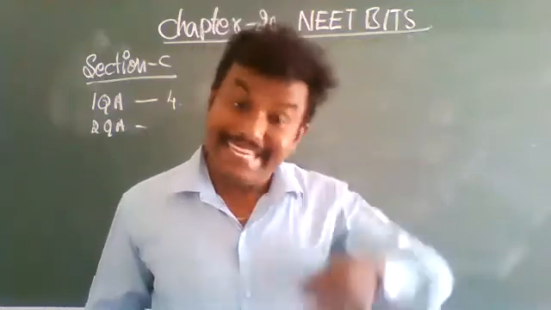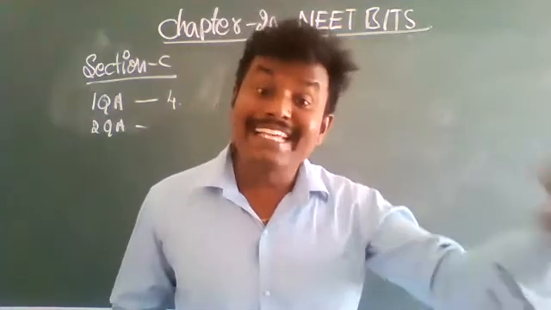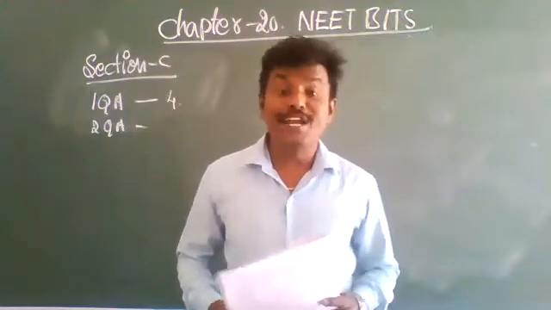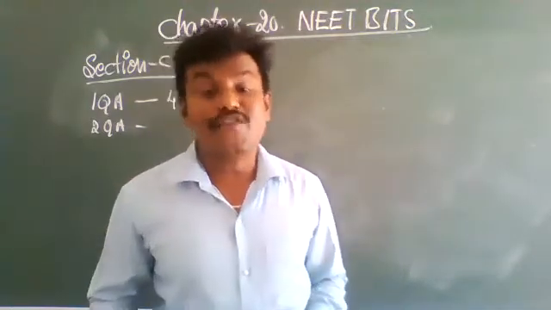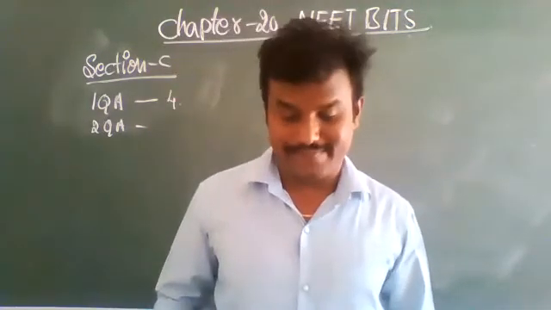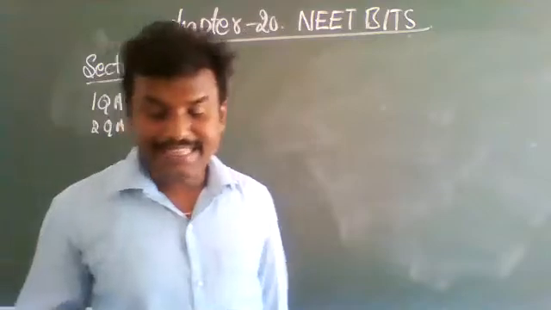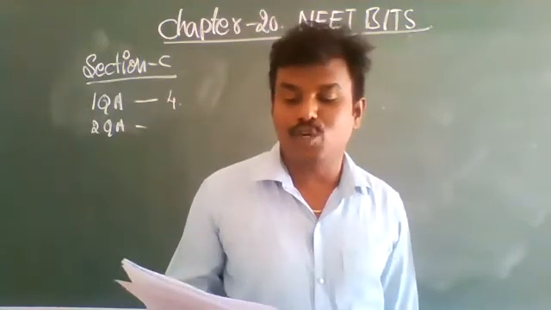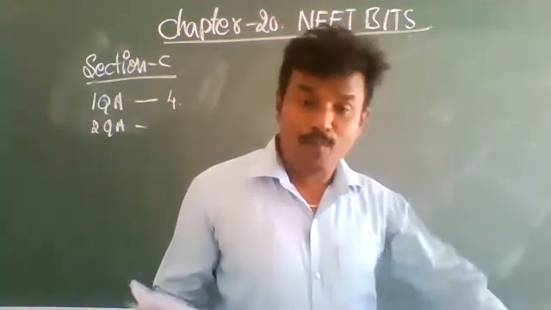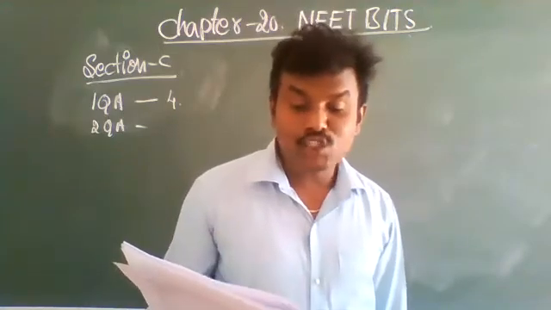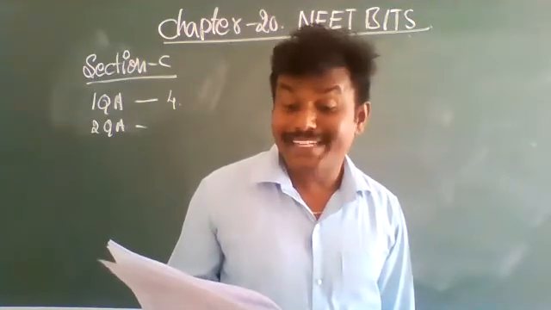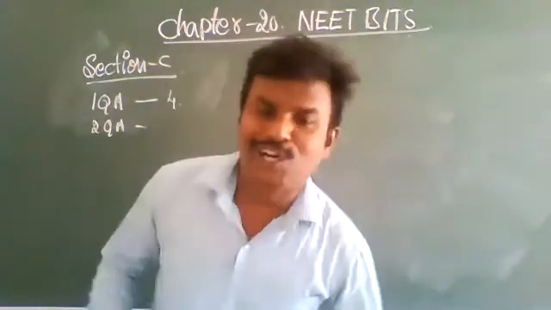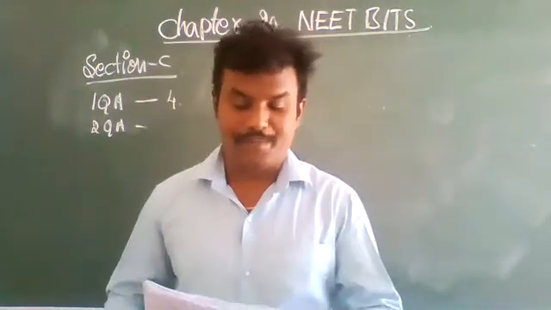Fibrous joints are again of 3 types: sutures, gomphosis, and syndesmosis. Which joint would allow no movement? Ball and socket joint, the hip joint: due to the hip joint we are able to move in all directions. So option 1 is wrong.